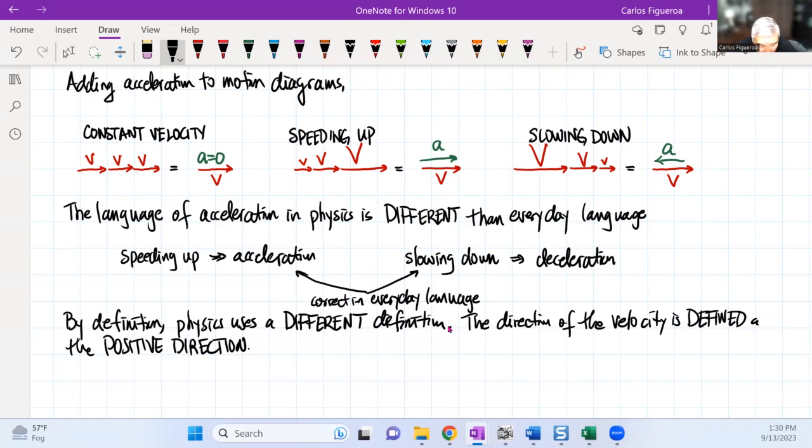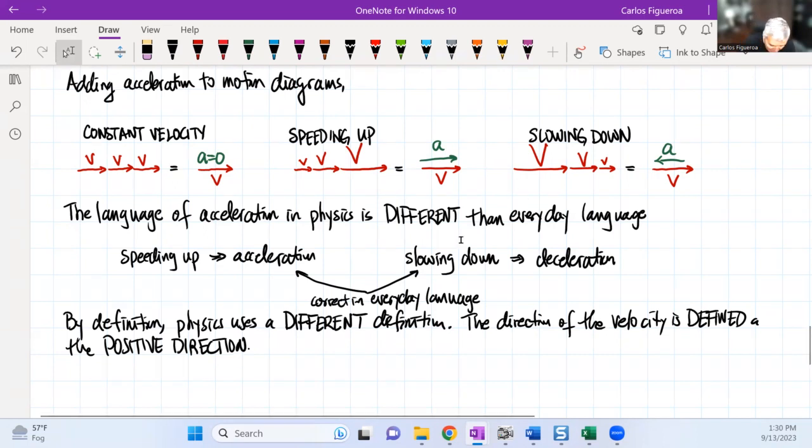And again, I think we've talked about this before. If you're driving from Santa Cruz to Cabrillo, is that a positive or a negative direction? On the other hand, if you're driving from Cabrillo to downtown Santa Cruz, is that positive or negative? What determines your direction should be the direction of the velocity.